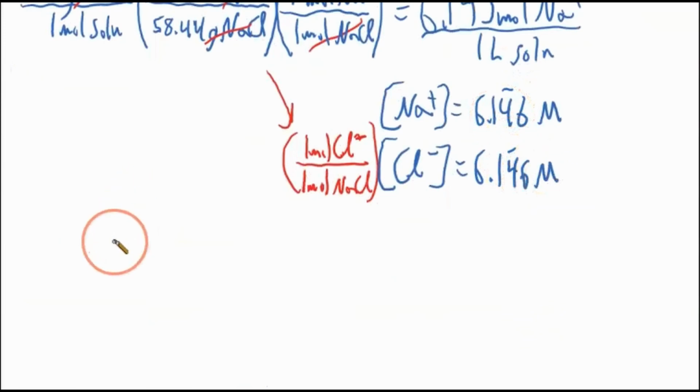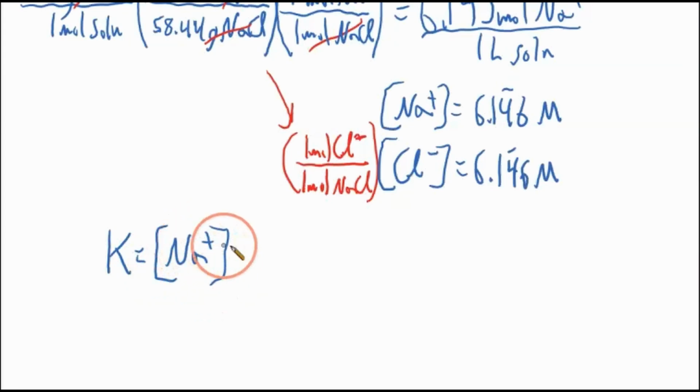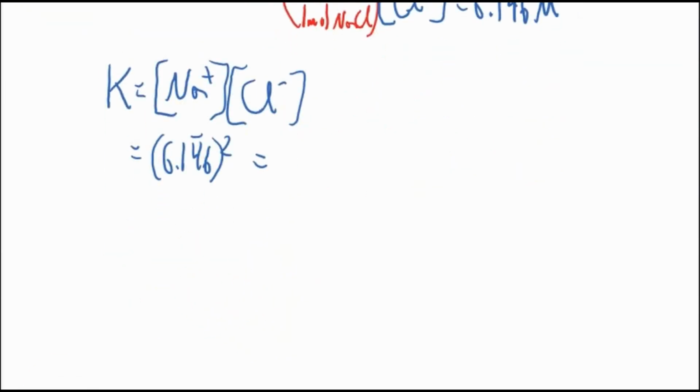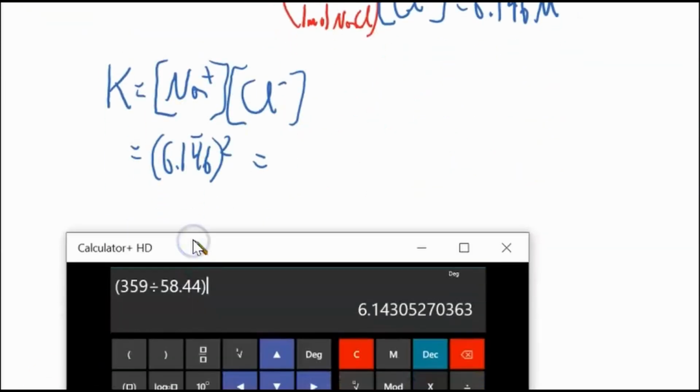Okay, so our equilibrium constant is now going to be the concentration of Na+. Technically, the activity, it should be unitless, but we're going to just put in molarities, and that will be fine for us, is 6.143 squared, and remember the equilibrium constant is unitless.